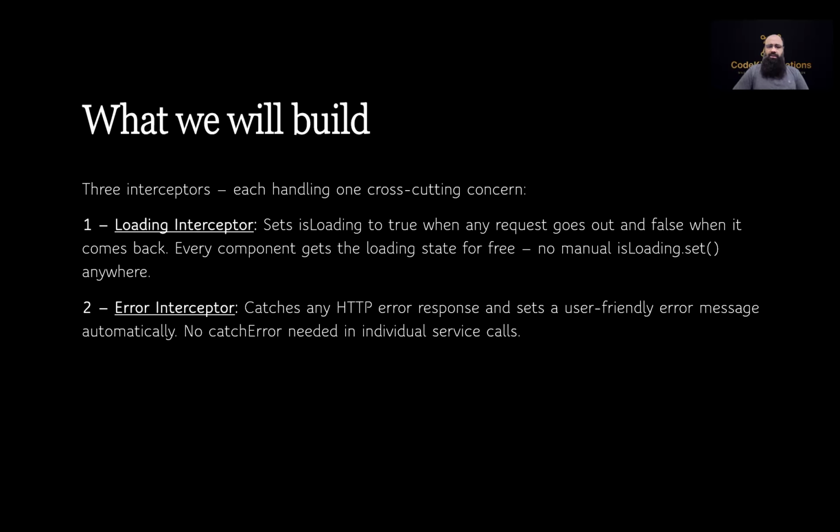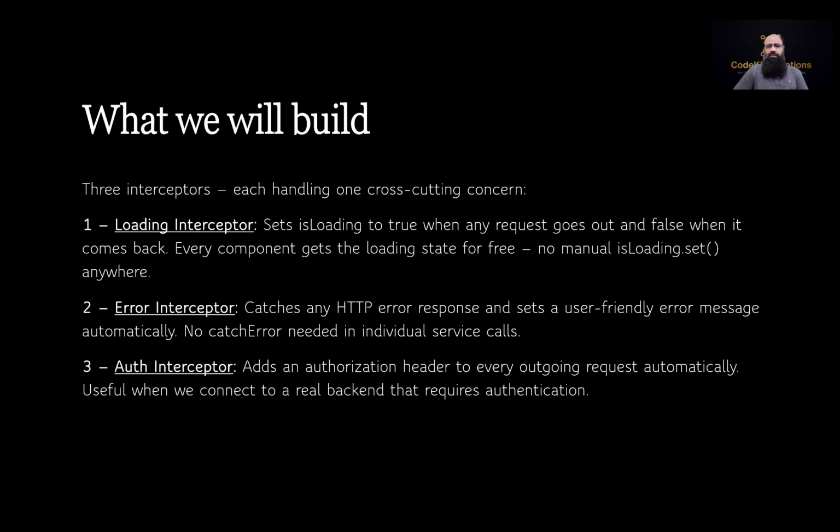The second is going to be an error interceptor. If there is an HTTP error response, instead of handling it everywhere, we are going to catch it within the interceptor, and we do not need to catch it in the individual service calls. And the third is the auth interceptor.